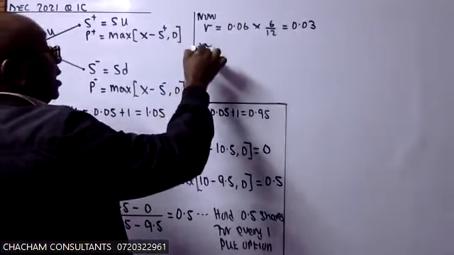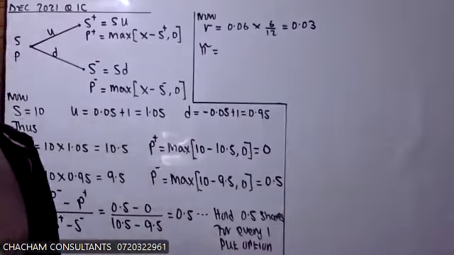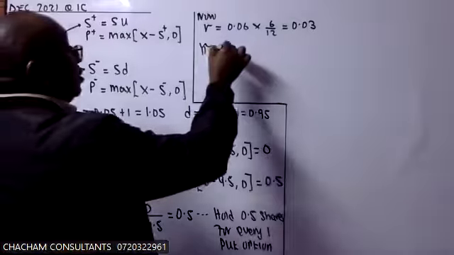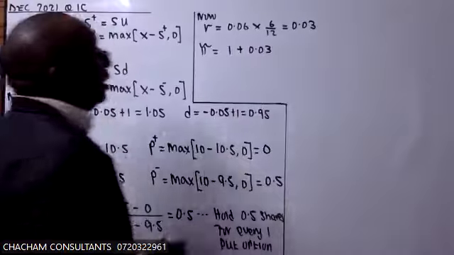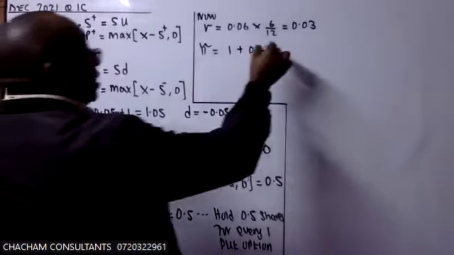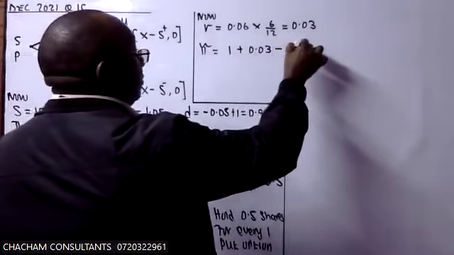So pi, the probability of up movement, we gave the formula as 1 plus R minus D. So that remains. So it is 1 plus 0.03 minus D, the down factor, the down movement, 0.95.